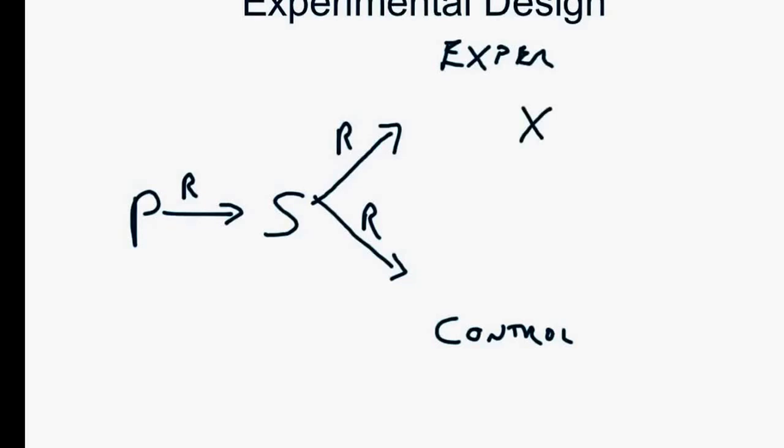If we're studying the effect of violence on behavior, the experimental group is going to get the violent movie, whereas the control group will get the non-violent movie, because that's the default that we're comparing them to. If we're studying a drug, the experimental group will get the medication, and the control group will get the placebo, the sugar pill. At the end of the experiment, we then measure both groups on the dependent variable.